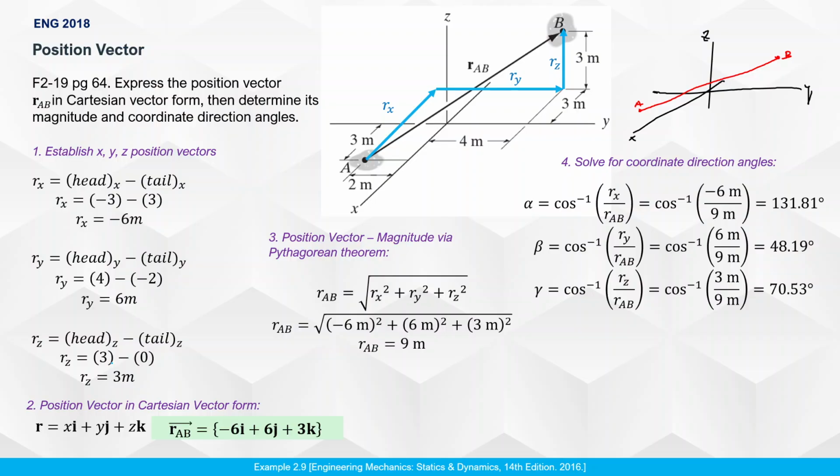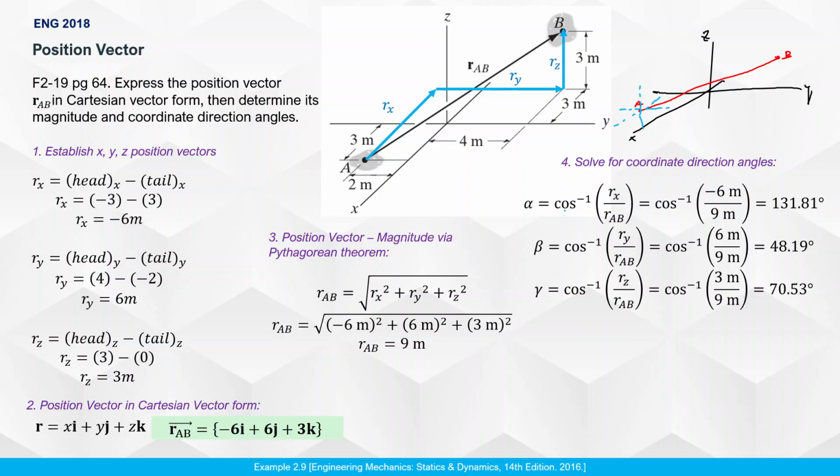Essentially, gagawa ka ng sarili mong XYZ axis dito. Itong XYZ axis to is may silbi siya pagdating sa dimensions ng position vector, 2 meters, 3 meters. Pero itong mga angles ito, you're referring it from yung coordinate direction angles from a particular XYZ axis rin.